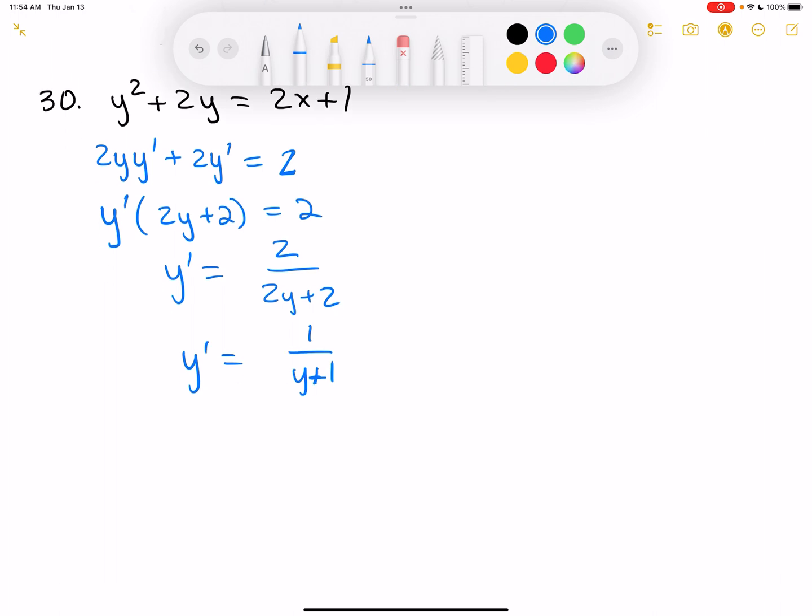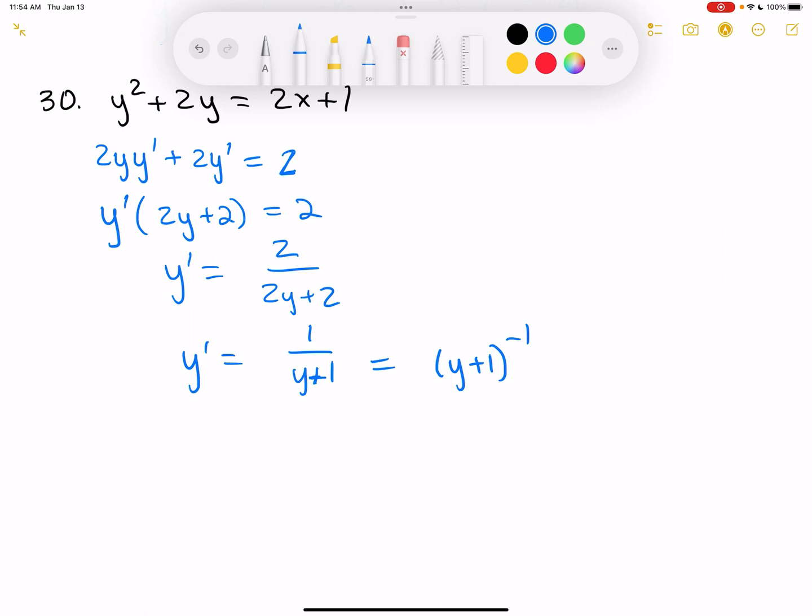So now I want to take the derivative again. I would almost even consider rewriting this as y plus 1 to the negative 1. I think it'll make it a little bit easier to see the second derivative if you do it that way, instead of doing it as a quotient rule.